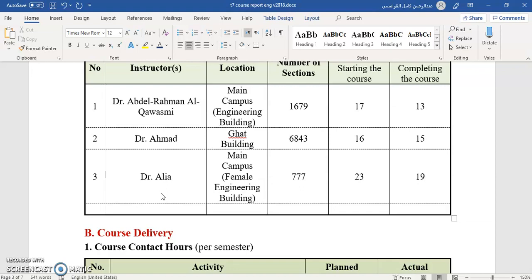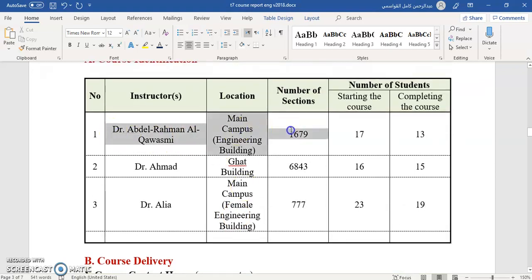So in this case, we will go through the first way. We will fill 3 course reports, one for every section. After that, the coordinator will collect these 3 course reports and write a comprehensive report with generalized results from all course reports. Assuming that we are taking the first section, this section.